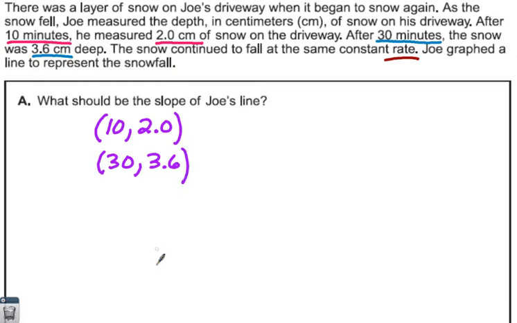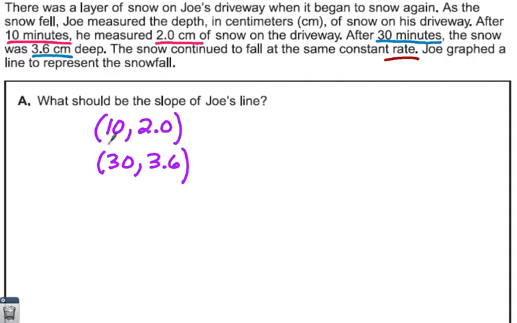And when we use our slope formula, it's going to be the change in these numbers. I'm considering these the y values. So the centimeters is going to act as our y value, and the number of minutes is going to act as our x value.